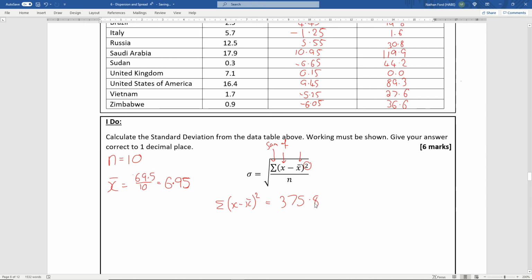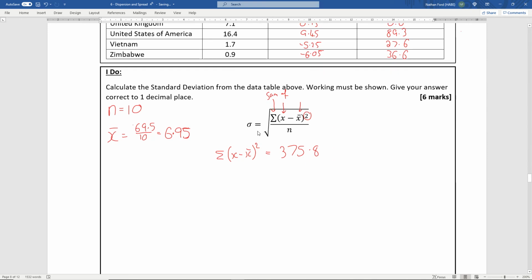And last but not least, let's put this into the calculator. So the standard deviation is equal to the square root of the sum of the differences squared, which is 375.8, divided by the number of results, which is 10.